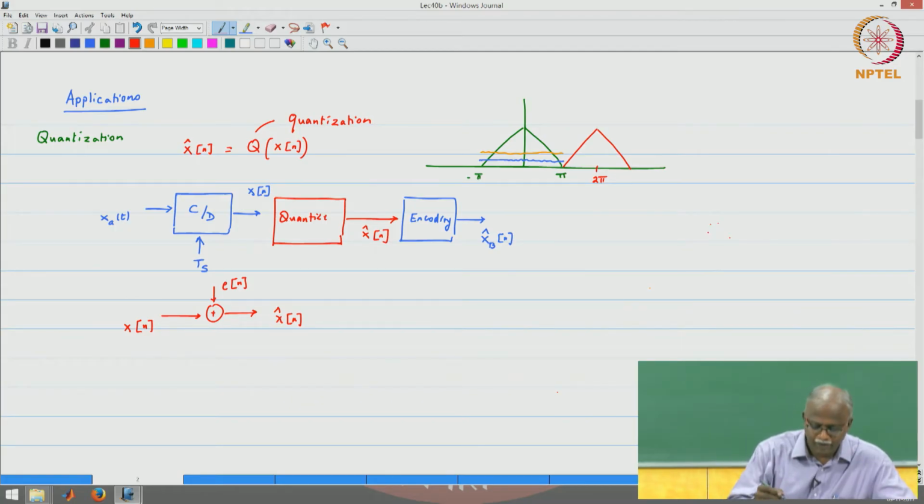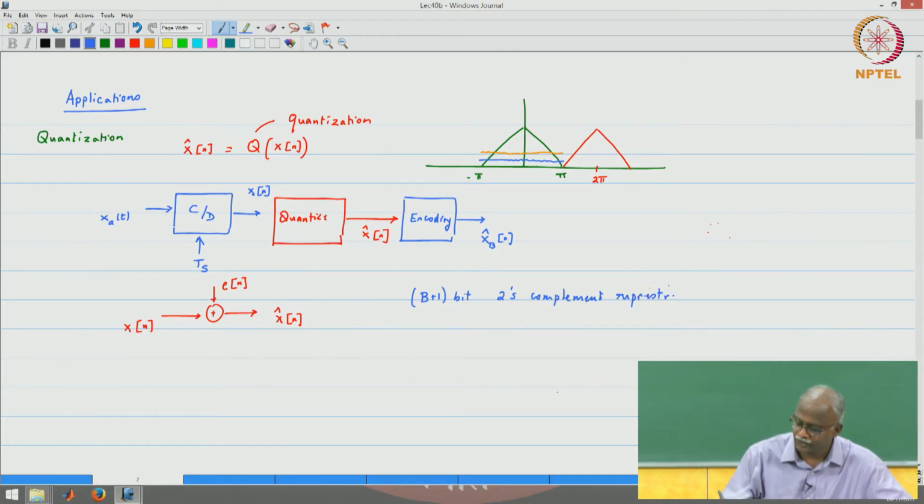Now, yesterday we went through the lecture and we showed that when you have a b plus 1 bit, 2's complement representation, that is one of the standard forms that is used, and we derived the signal to quantization noise ratio representation.